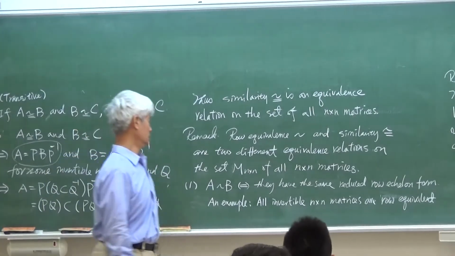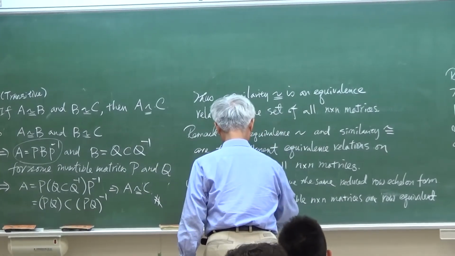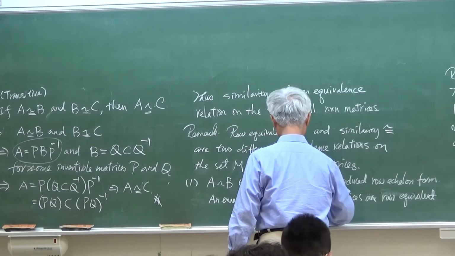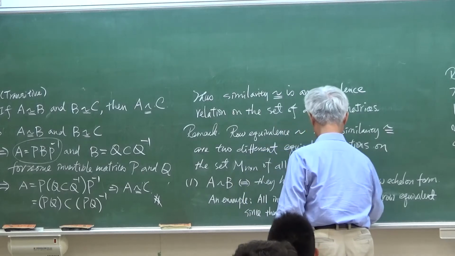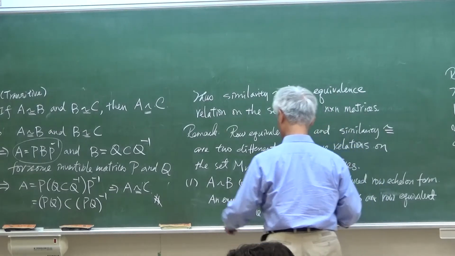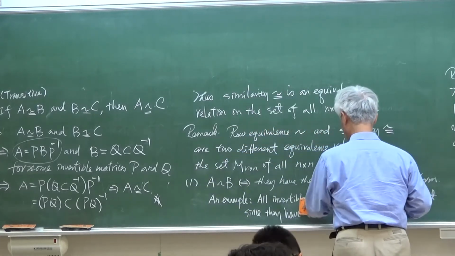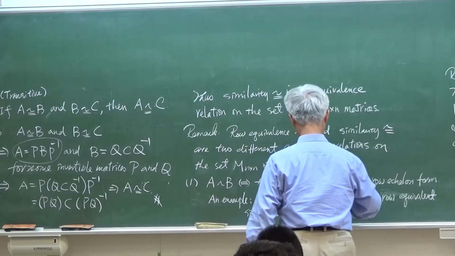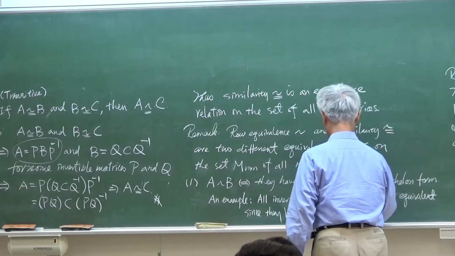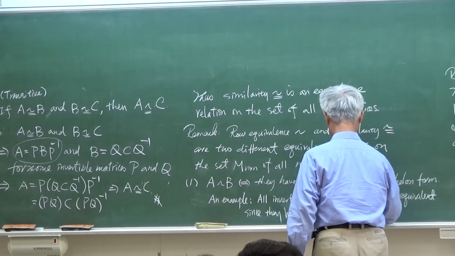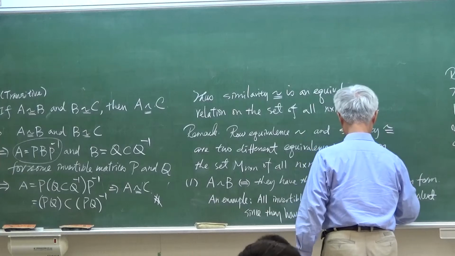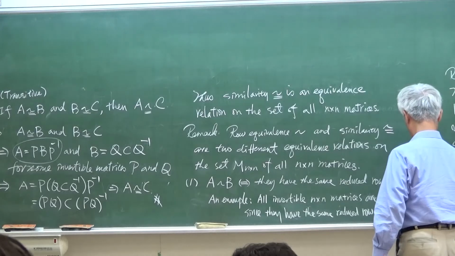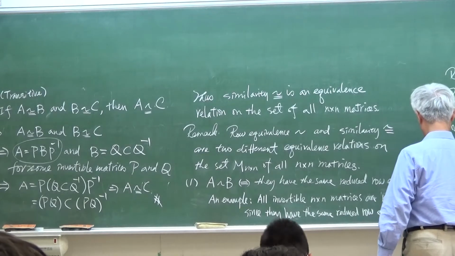Why? Since they have the same reduced row echelon form, which is just the identity matrix.